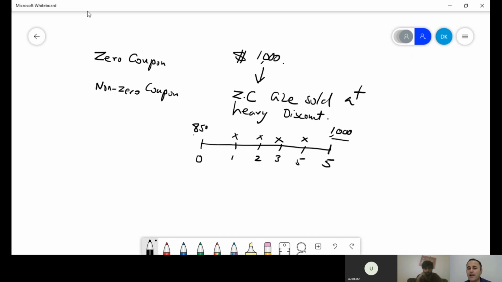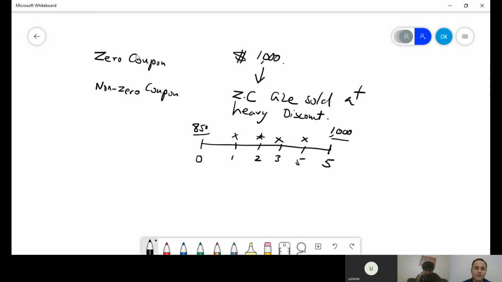Okay, so you buy that bond at a heavy discount. The discount, of course, depends on how the company runs its business. If it's a very, very risky business, okay, the discount will be even more. But let's say if it's a safe business, for example, let's say Microsoft, Google, or any other company, large companies, right? The discount will be a little bit less. So this is a typical zero coupon bond.